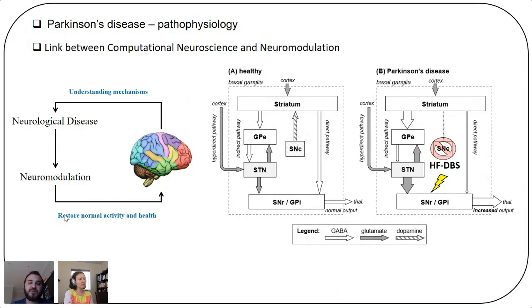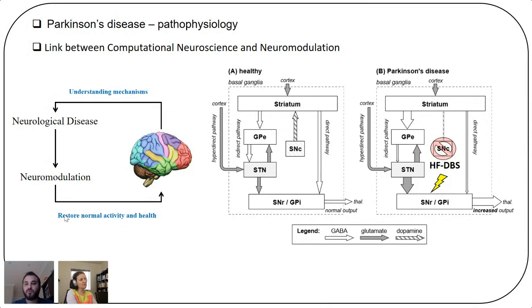The reason I'm saying this link between computational neuroscience and neuromodulation is that we don't do this modeling just because it is cool or just because we have a good model. We do this because we can see the application. If we have a good model, if we can do a good job and have a better understanding of the mechanism, we can provide this insight for neurosurgeons.